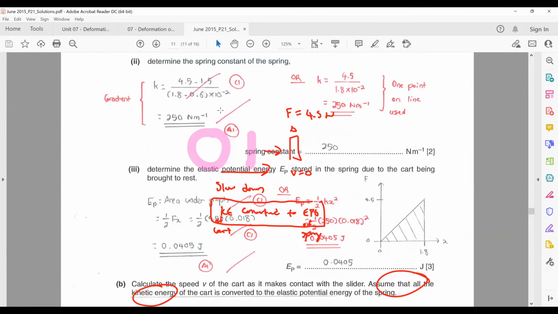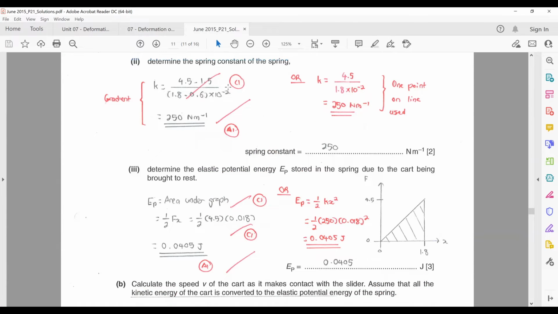So when you want to find out the area under the graph, you can try to visualize something like this. You already proved that the force extension graph here is a straight line graph that passes through the origin.